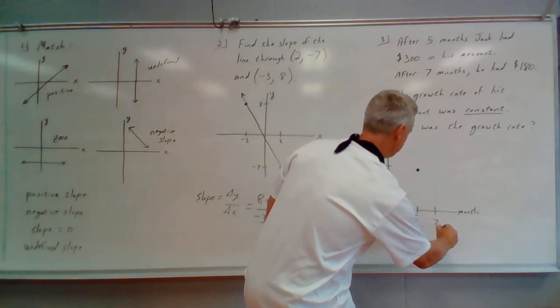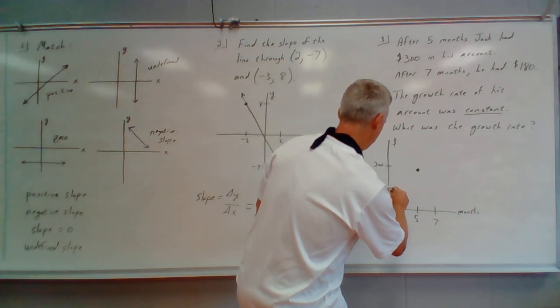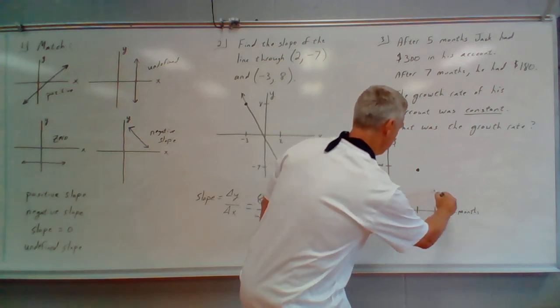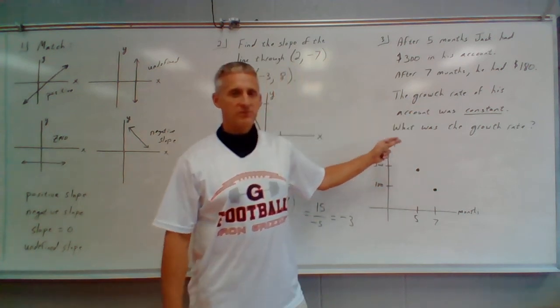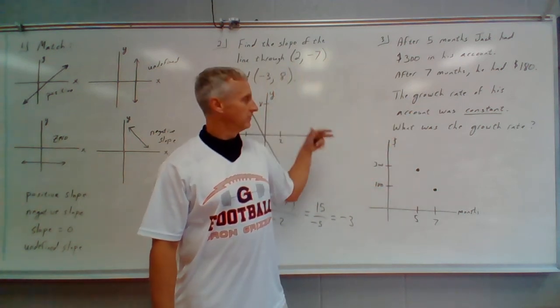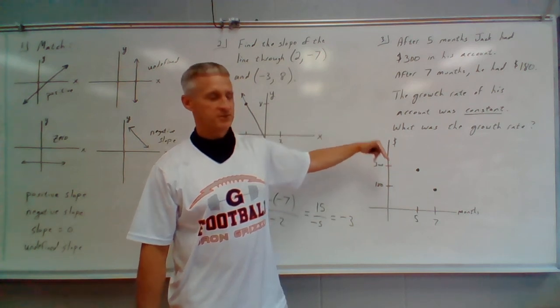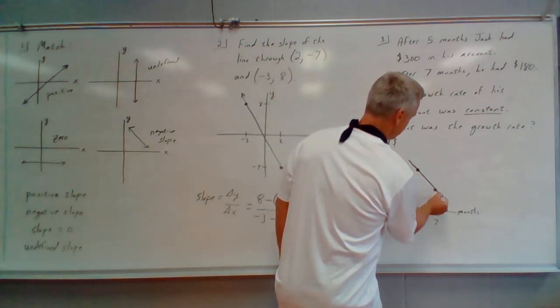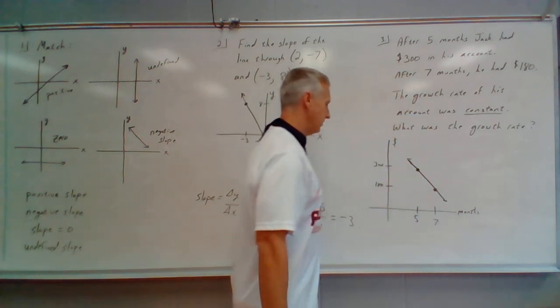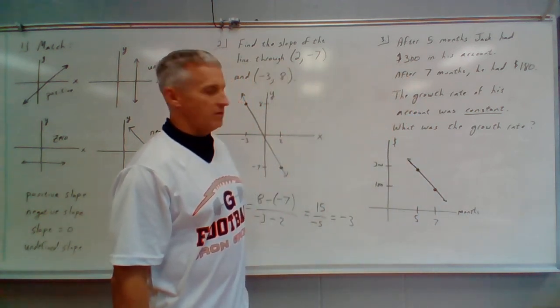After 7 months, he had $180. Okay. The growth rate of his account was constant. Okay, so he was always, in this case, losing the same amount of money every month. So if we graph that and make a straight line, what was the growth rate?